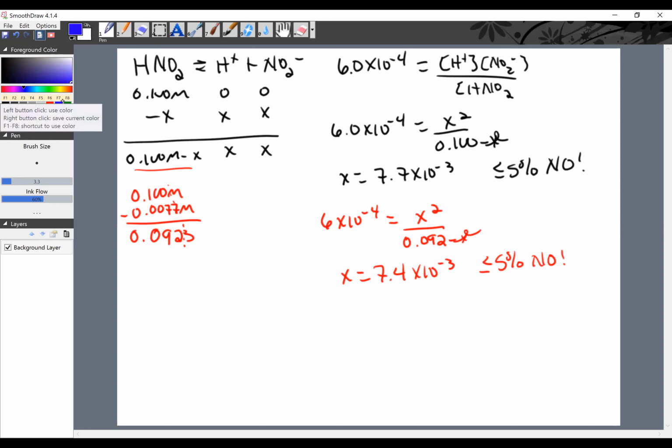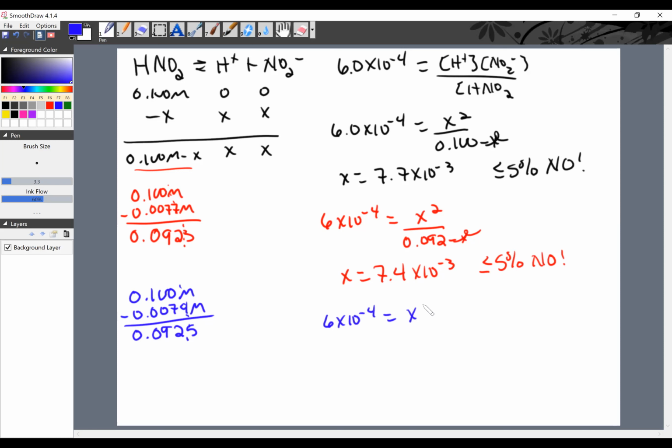I then go plug it in one more time. My original concentration minus this new x. 0.0925, and so this one's going to round up to 0.093, and I'm going to plug it in one more time. 6 to the -4th, 0.093, and I get 7.5.